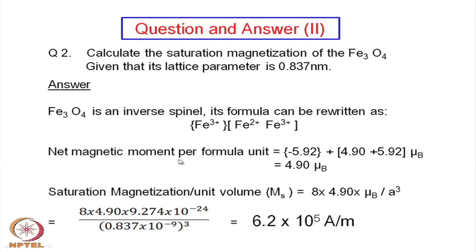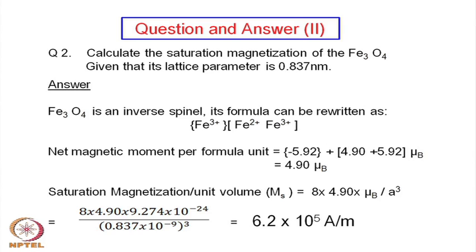The net magnetic moment per formula unit is minus 5.92 because it is in tetrahedral, and in the octahedral, 4.9 is for Fe2+ and 5.92 is for Fe3+, multiplied by Bohr magneton mu B. So, the 5.92 and 5.92 cancel and you have 4.9 Bohr magneton. So, per formula unit this is 4.9 Bohr magneton.